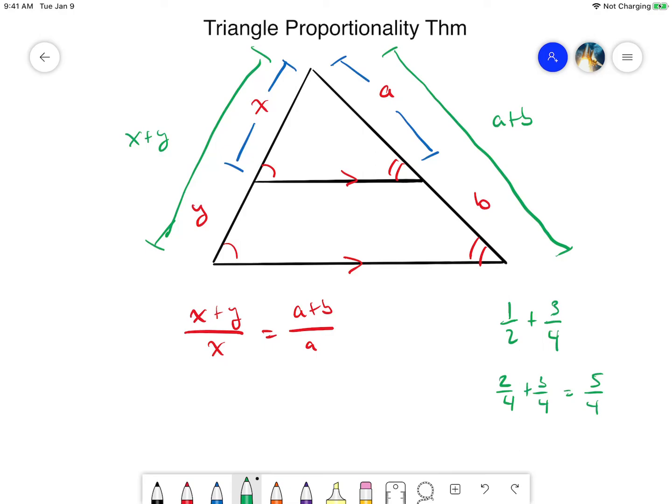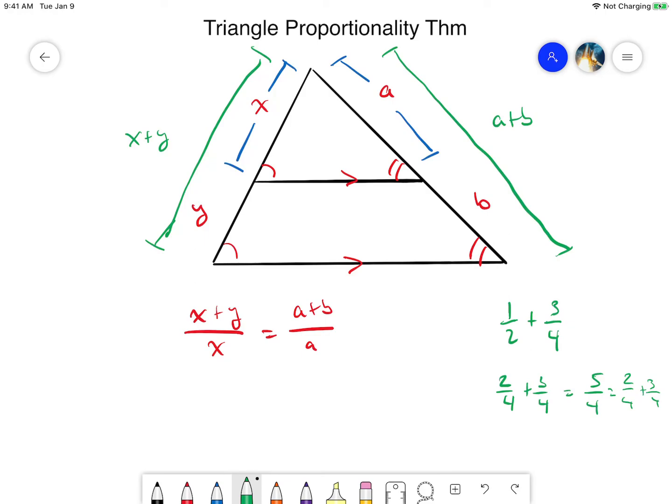So I add the tops but keep the bottom the same. We're going to do that exact same thing, except we're going to work backwards. If I have 5 over 4, I could rewrite this as 2 over 4 plus 3 over 4. That's what I mean by going backwards.